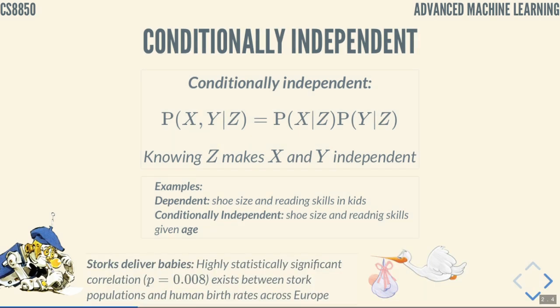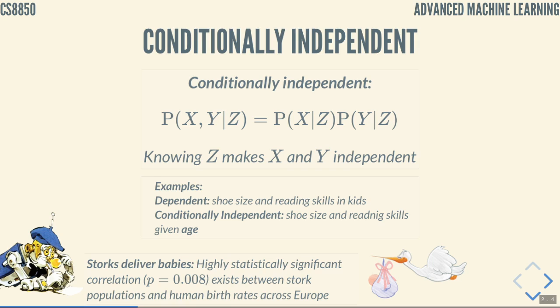Another example. Scientists analyzed the data and could confirm a highly statistically significant correlation, p-value way less than 0.05.